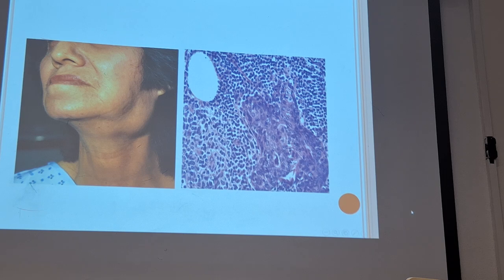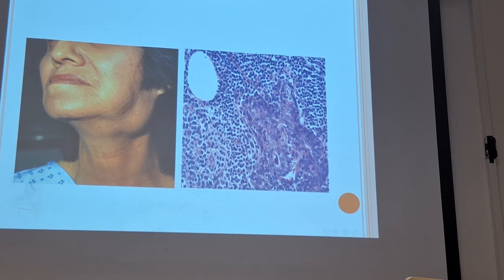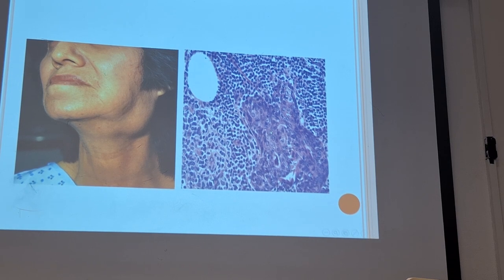Here you see swelling of the salivary gland, and here you see dense infiltration of lymphocytes, and here you see a salivary duct, which shows proliferation of epithelial cells.